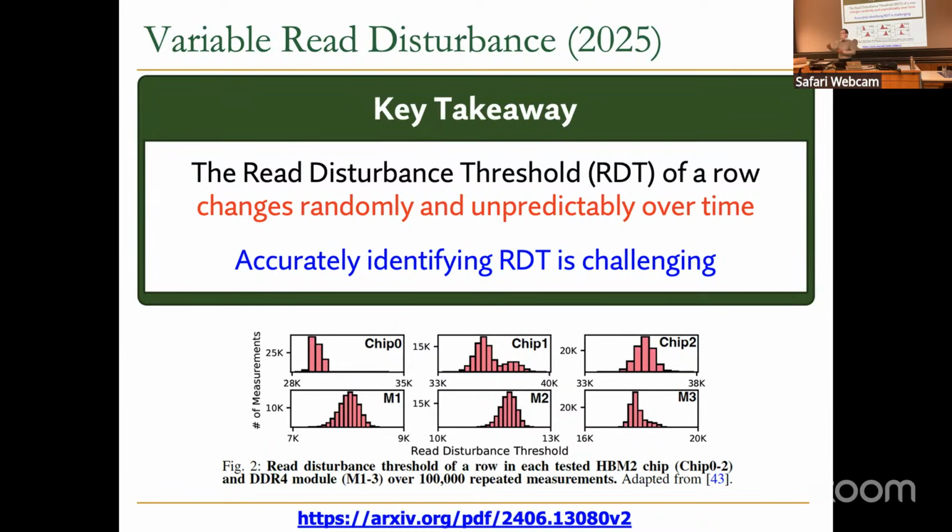So if you keep testing DRAM, you will find lower and lower read disturbance thresholds over time. This may not be a huge security vulnerability. It may also be, but it may be a failure mode that you can run into, especially if your chips are out there in space and you have no way of changing them, for example, right?